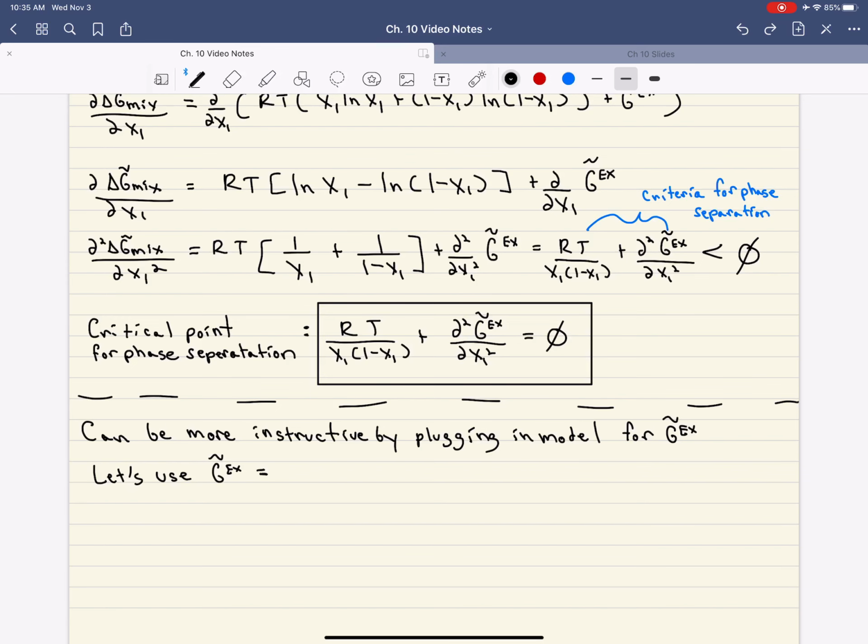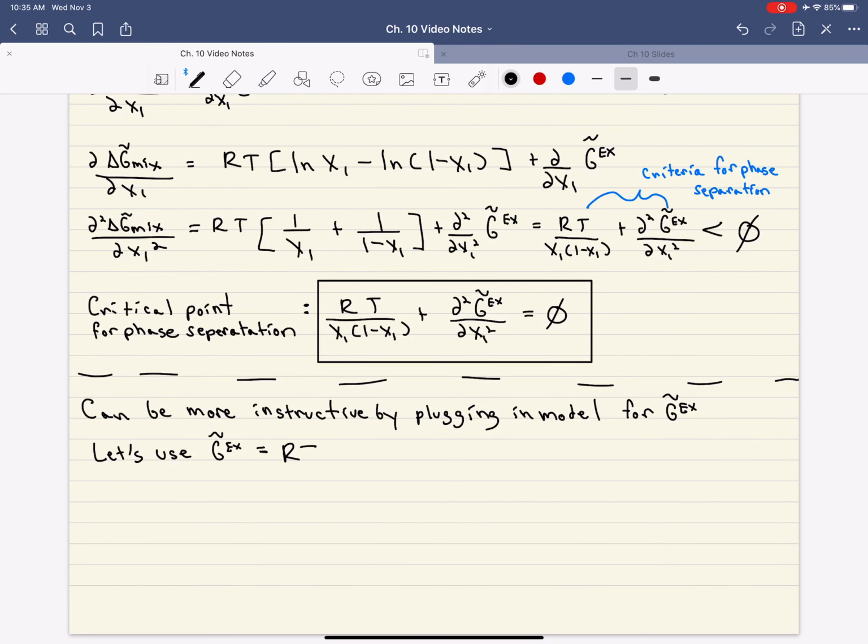Let's multiply it by RT: x1 x2 A, or x1 (1 minus x1) A.